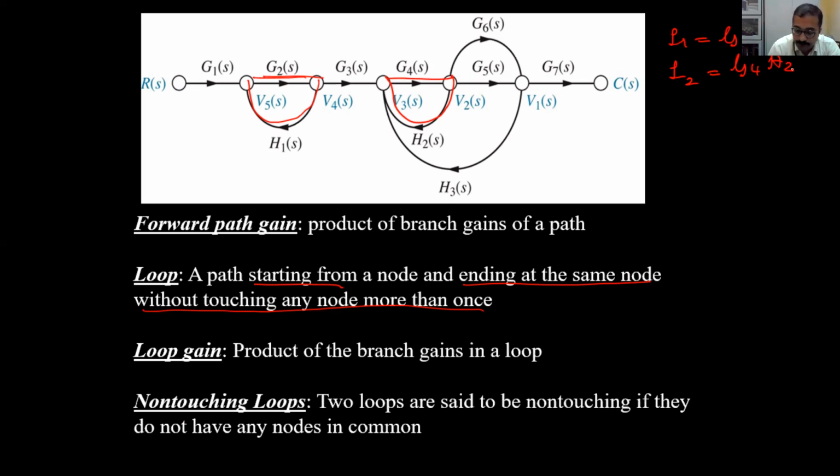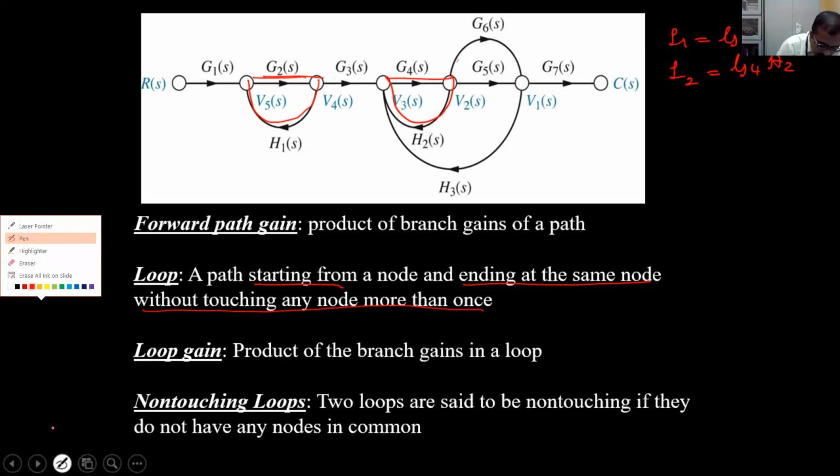Any other possible loop? G5 G6? That is not a loop. Why? It starts from here, but it does not end at the same node. If you try to move in this way, it will cross the node more than once also. It should start from a node and end at the same node without crossing a node more than once. So G6, G5 is not a loop. What about G4, G5, H3?